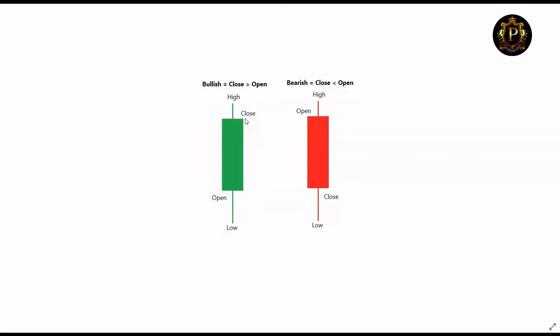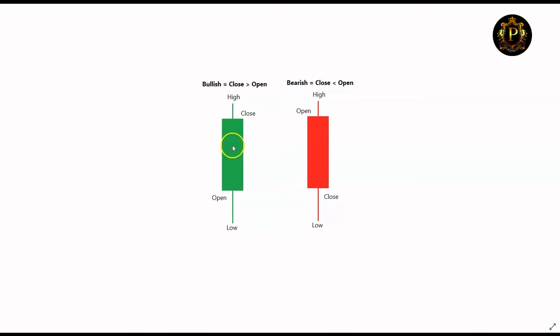But what this candlestick is telling us right now is that this is the opening price, this was the highest point the market got to, this was the lowest point, and this was the closing price. This is why it's green, which is a bullish sentiment. It means the market closed higher than the previous trading day, so that's how you know the market was bullish today.